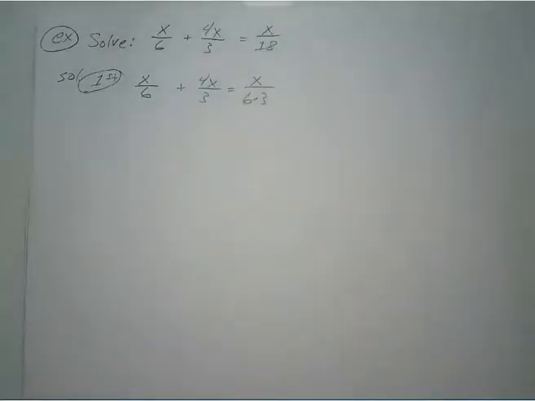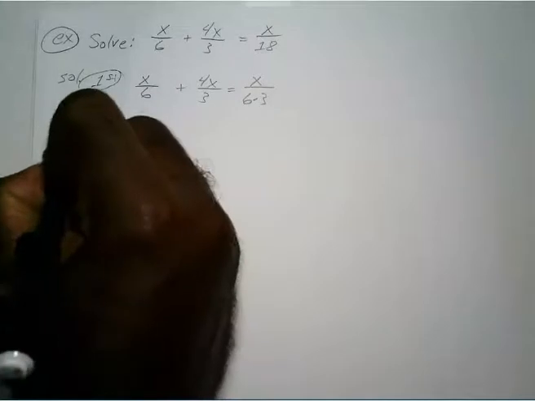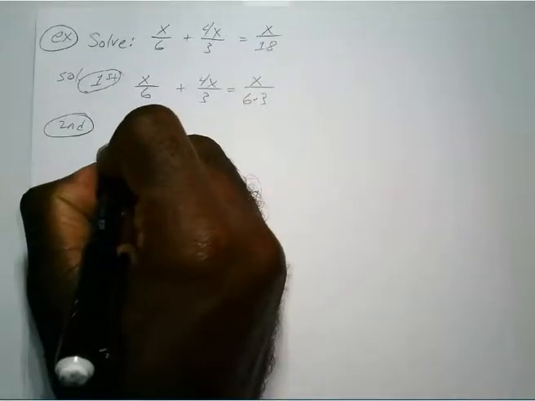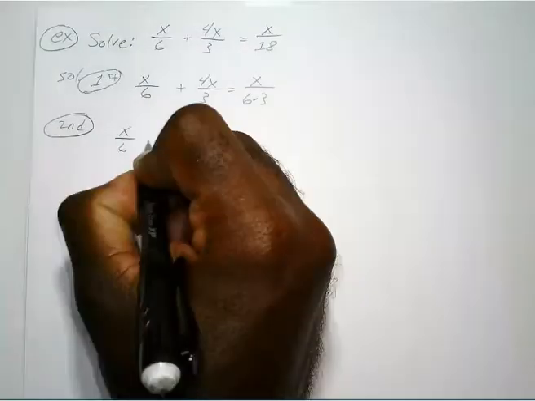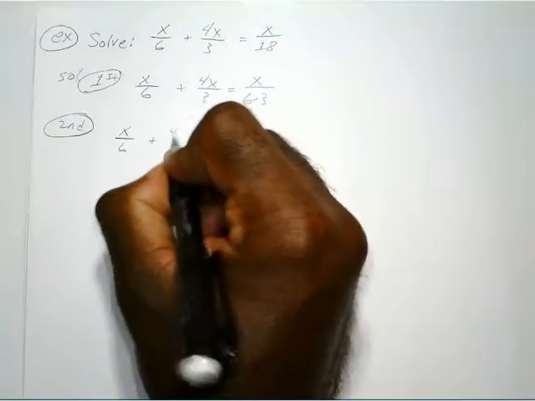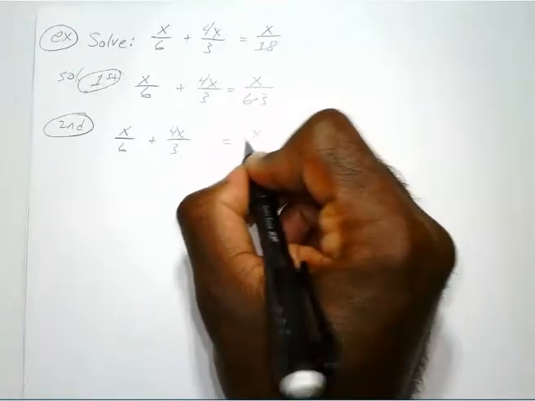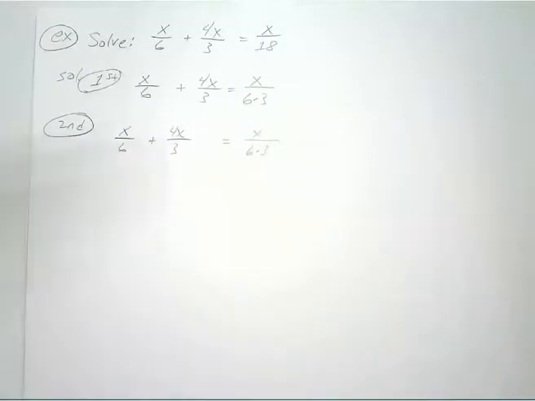All right, let me move this over a little bit because we're going to tweak this a little. Remember, you want all of your denominators to match. So if you have x over 6 plus 4x over 3, equals x over 6 times 3.